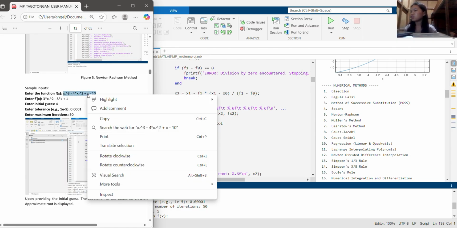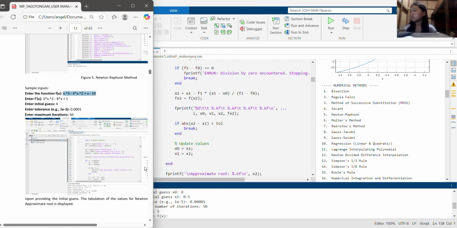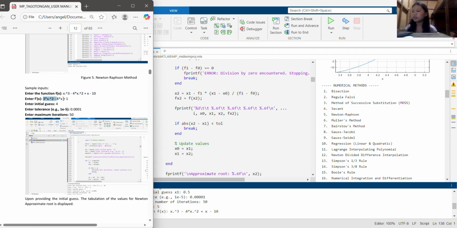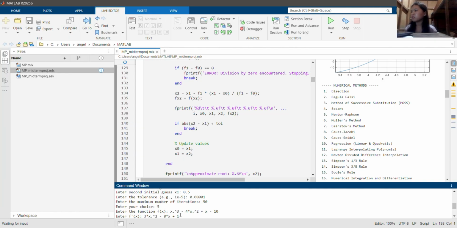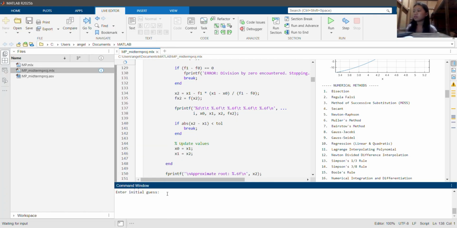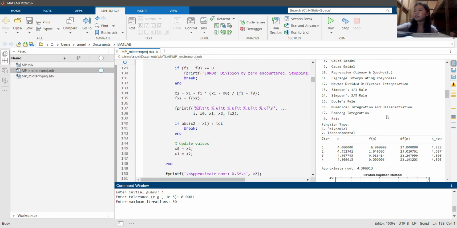I'm going to enter our function and our f prime x, and our initial guess, which is number 4, and tolerance, which is 0.201.